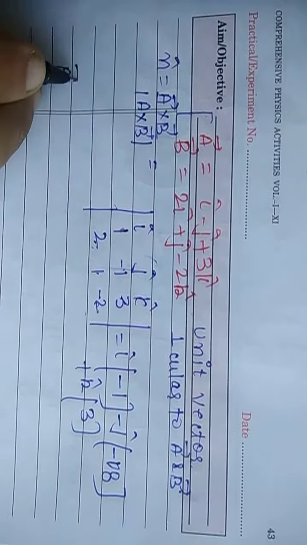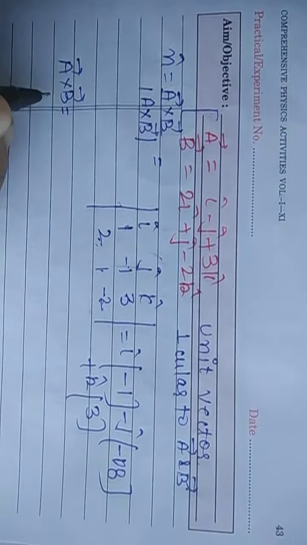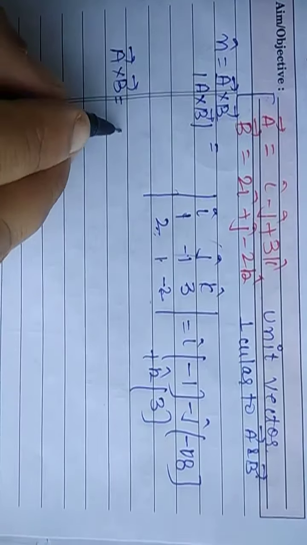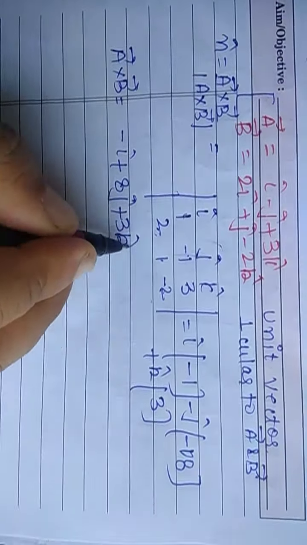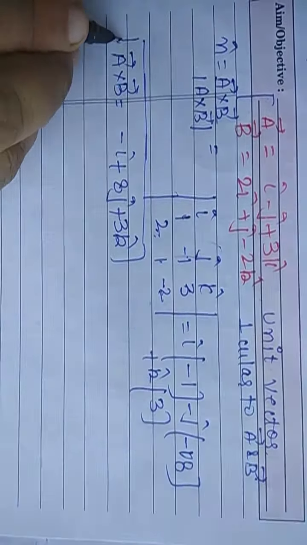So after solving, I get a vector cross b vector will be equal to minus i plus 8j plus 3k cap. So this is the answer.